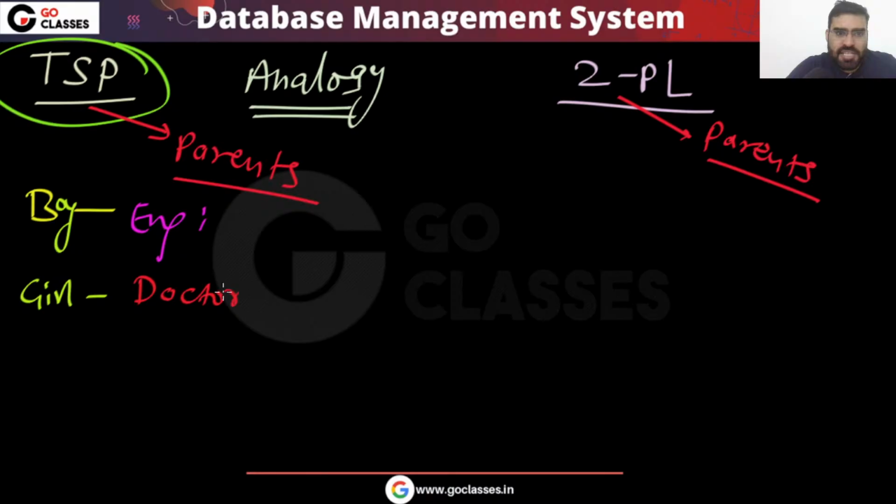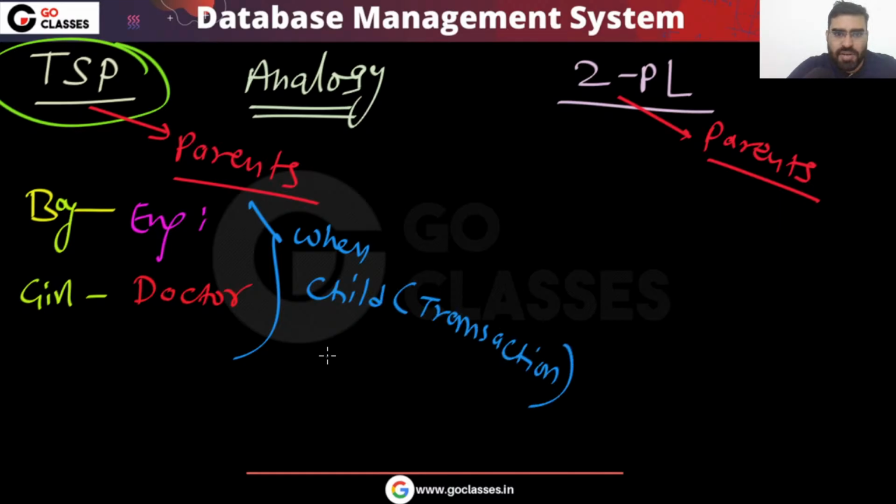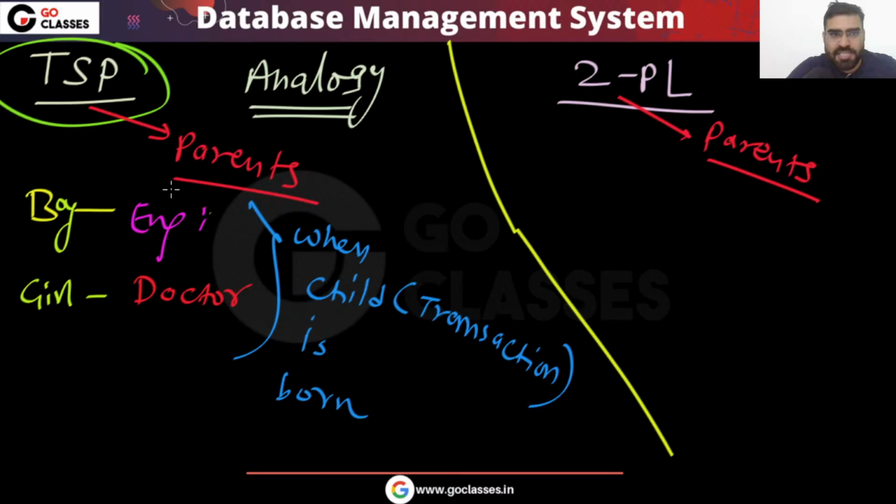So this is decided when the child is born. Child means your transaction. So when the transaction is born, it is decided what it will become. Your fate is decided when you are born. These are the timestamp protocol parents.